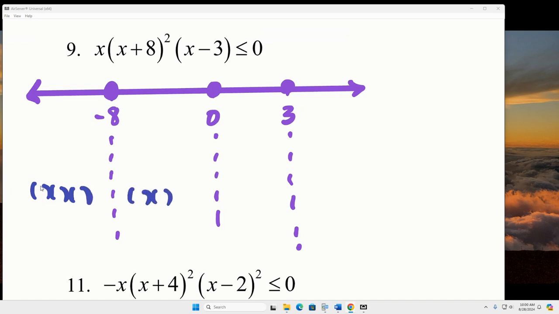So 3 factors means 3 sets of parentheses in each region. We're going to pick some values for x.